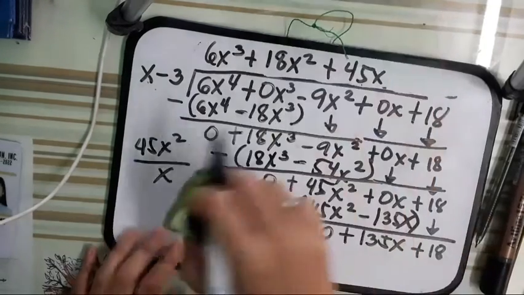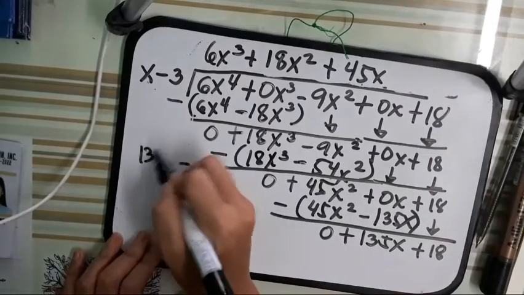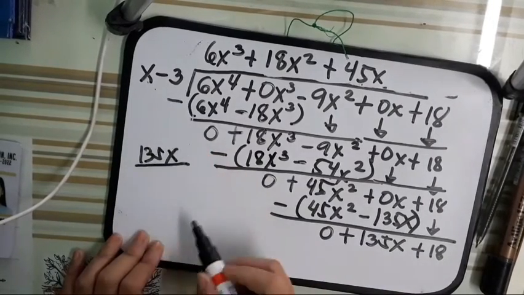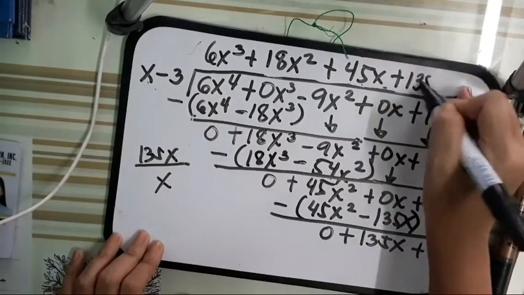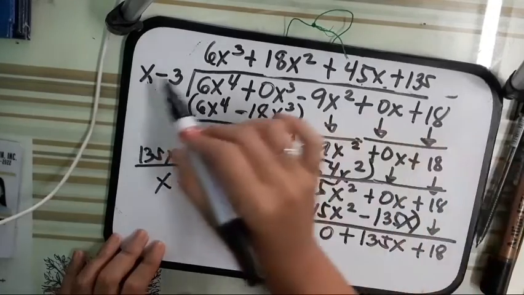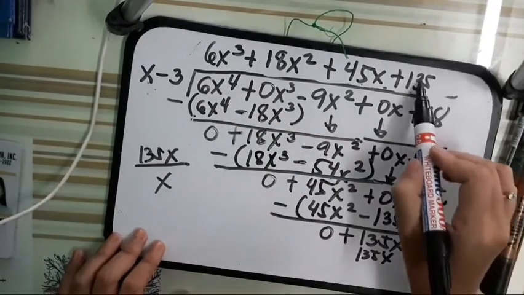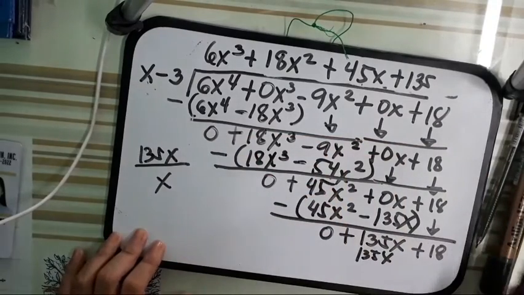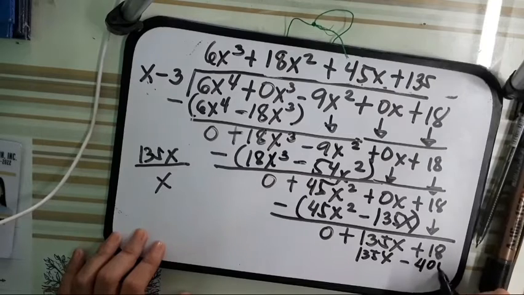Okay, for the last one, consider the first term, which is 135x divided by x is equal to 135. After getting 135, we multiply 135 by x. It will become 135x. Then 135 times negative 3 is equal to negative 405.